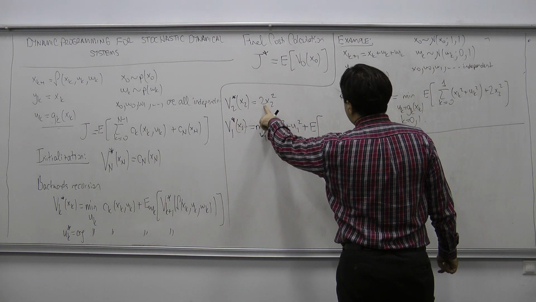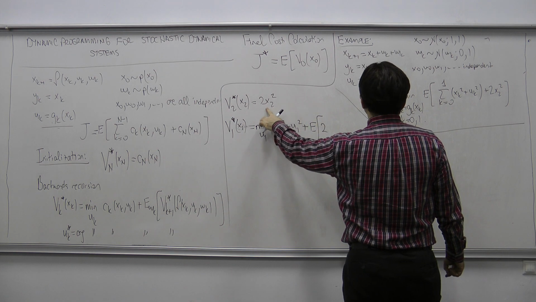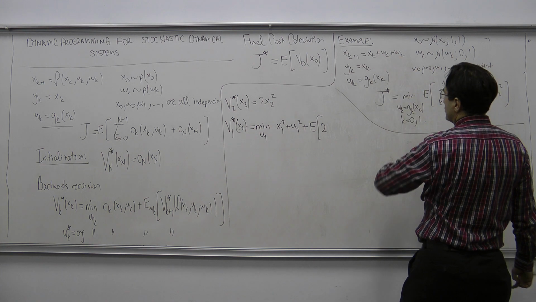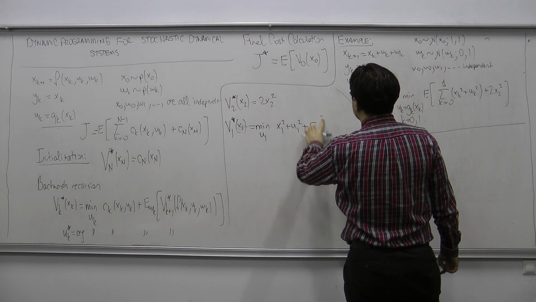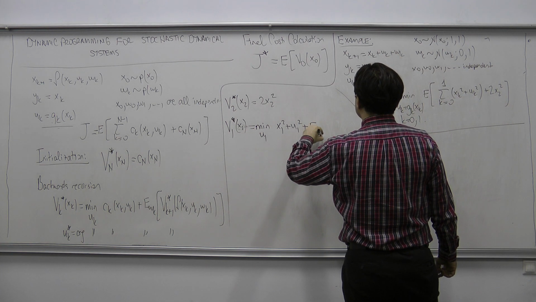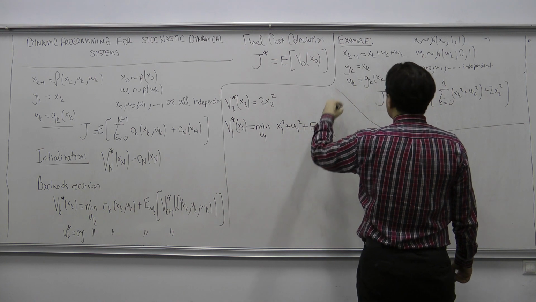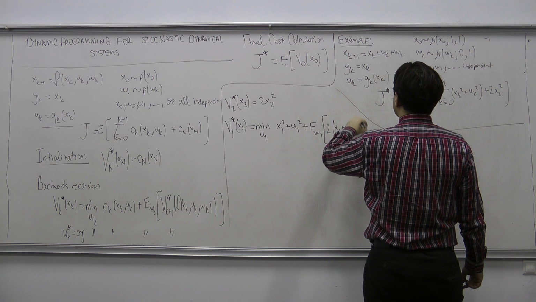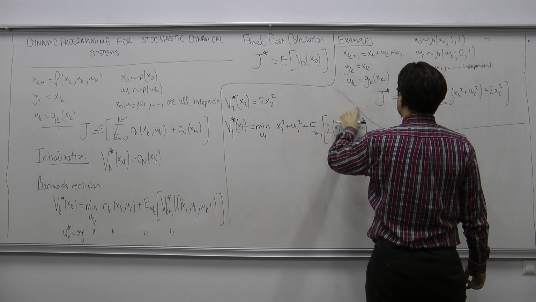I have V2 star given like this, 2 x2 squared, but x2 is x1 plus u1 plus w1. And this expectation is with respect to w1, so 2 times (x1 plus u1 plus w1) squared, all right?